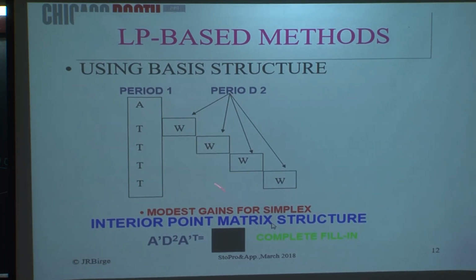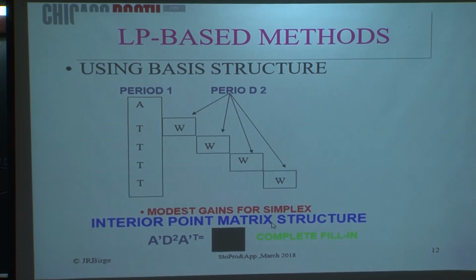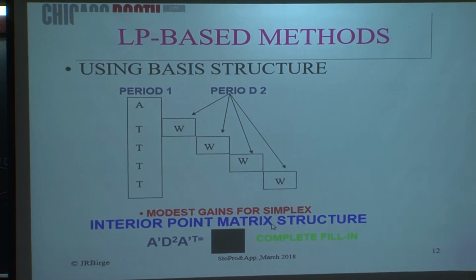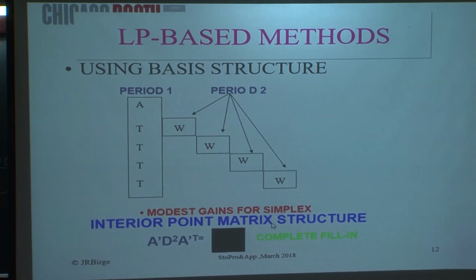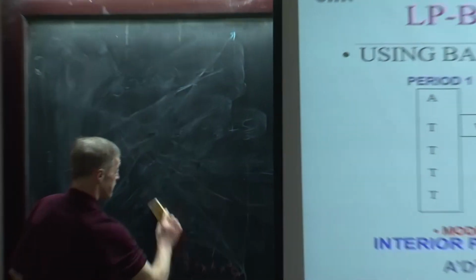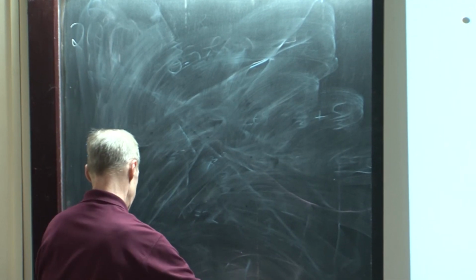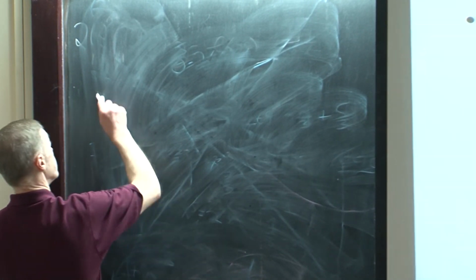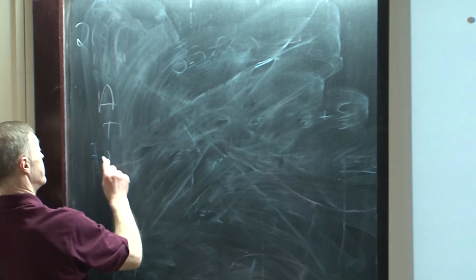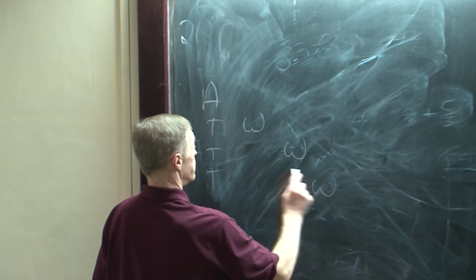When you multiply this by its transpose, you get something that has non-zeros everywhere. So if I had something like this, A, T, T, T, W, W, W.